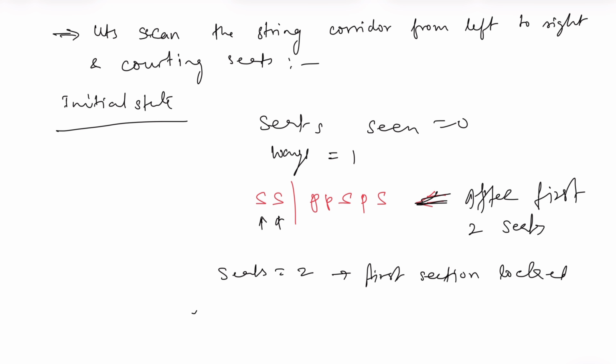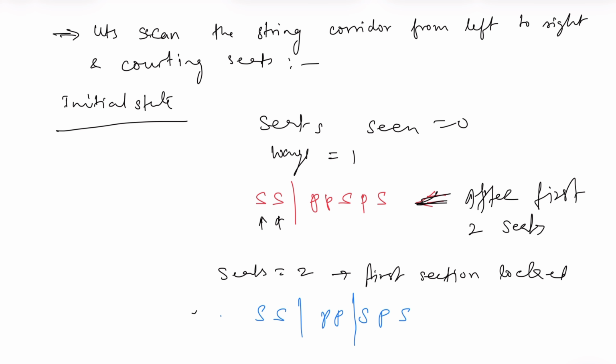Now we start counting the plants until the next seat appears. Next SS, we already have this PP SPS. So the next seat pair we found here, we will divide this one.